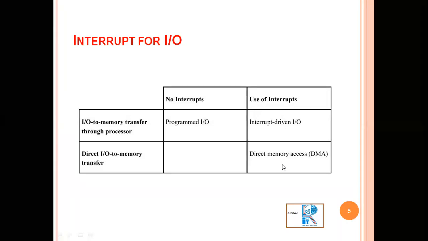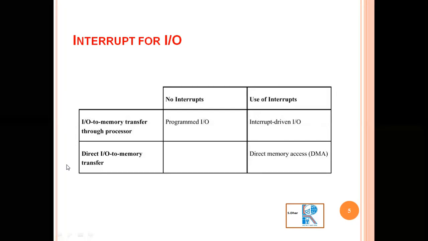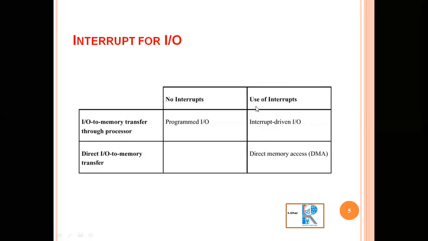In direct memory access, which I will discuss next day, interrupt is also used. But what is the difference between interrupt-driven I/O and direct memory access? Interrupt-driven I/O actually uses the CPU for transferring the data. But direct memory access bypasses the CPU for transferring the data from the I/O device to the memory. So direct I/O to memory transfer. This is the difference between interrupt-driven I/O and direct memory access, though both use interrupts.